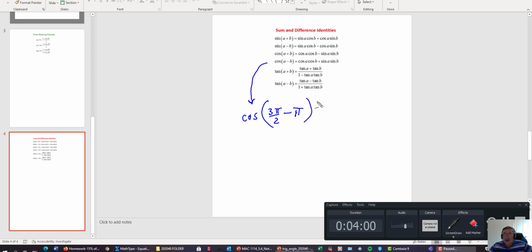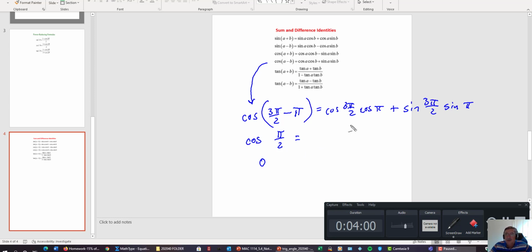On the left side, we'll show that this is going to equal the cosine of 3 pi over 2 times the cosine of pi plus the sine of 3 pi over 2 times the sine of pi. So again, any angle, radians, degrees, these are angles, so you'll get the cosine of 3 pi over 2 minus pi, which is the cosine of pi over 2, which is 0 on the unit circle, and you can practice your angles you know and love here.